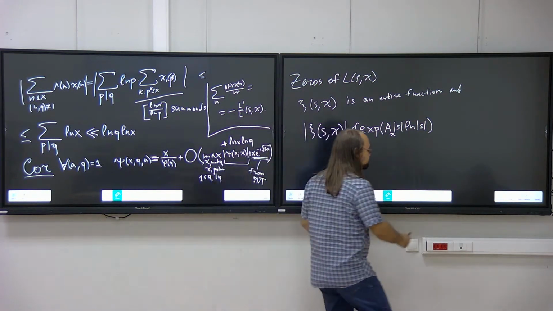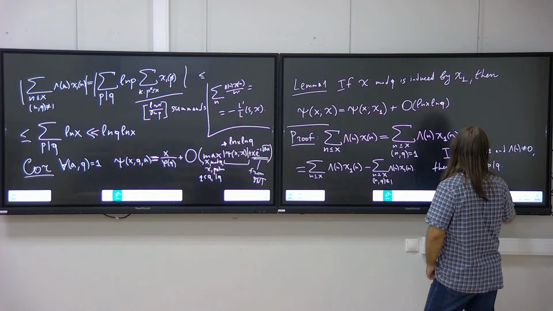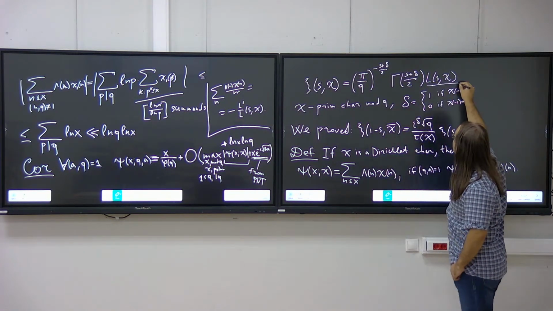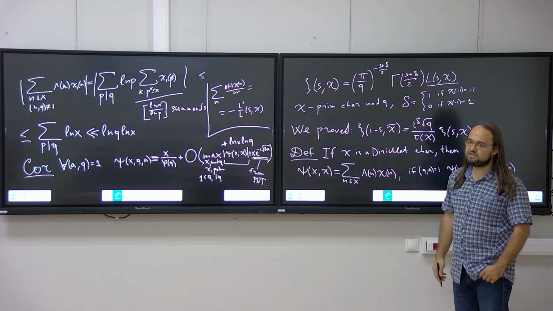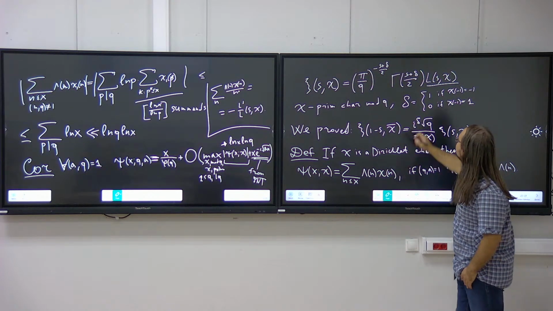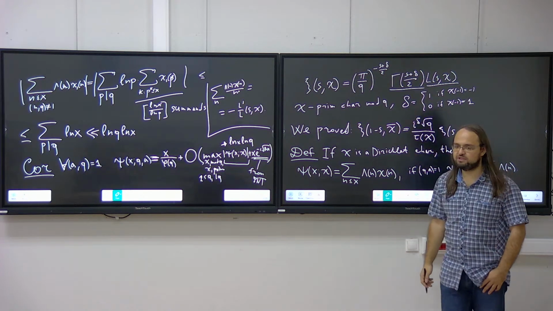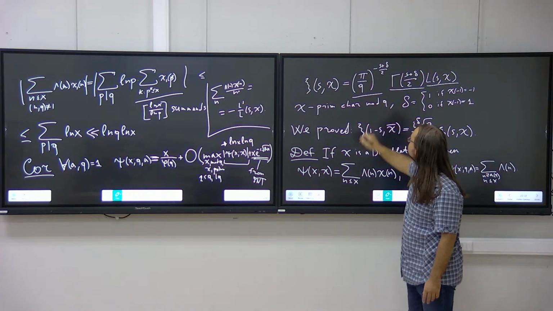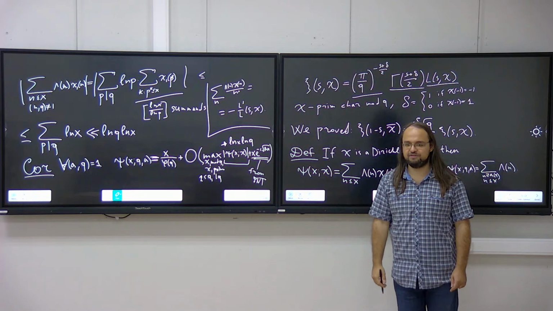Because let me show you. Here we have the L function which grows polynomially when the real part of s is greater than 1/2. We have the gamma function which grows like s to the s, and we have this which is just an exponent, right?